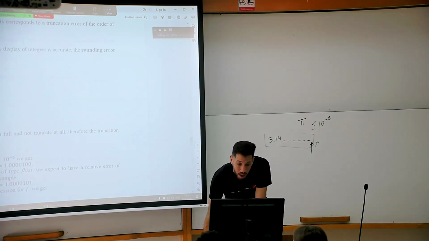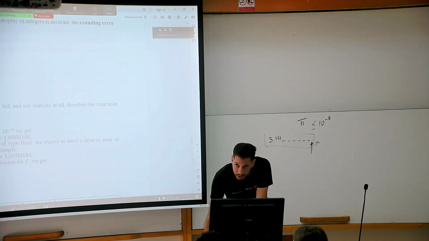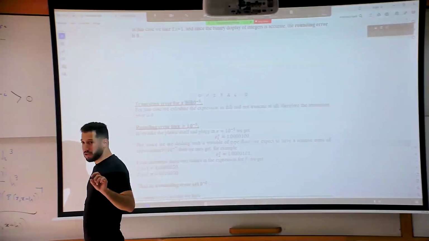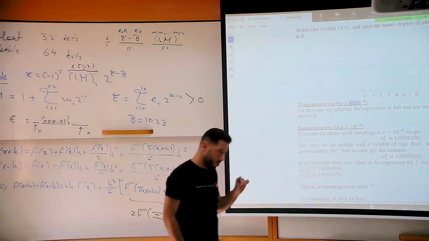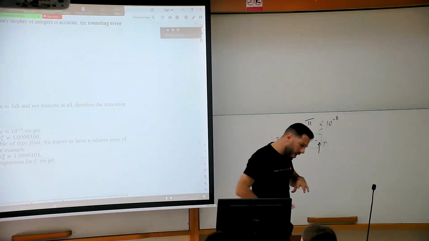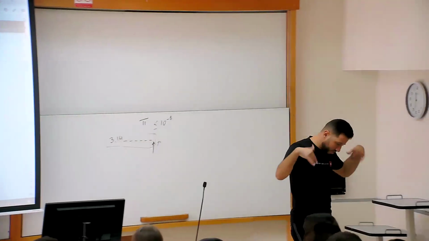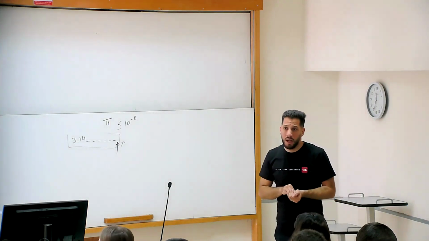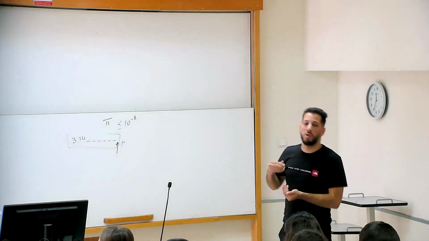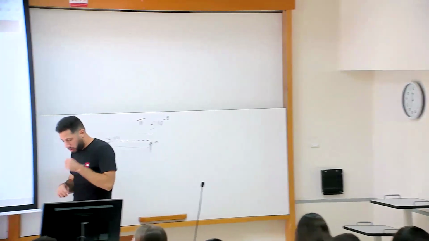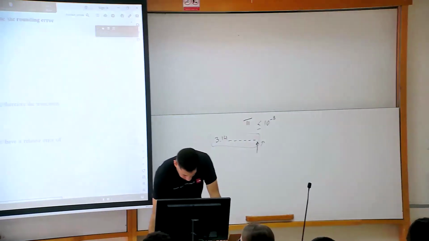And what happens when we look at x bigger than 10 to the minus 5? Here we'll see that the rounding error is larger than we thought, because we don't have a truncation error. Again, we assume that somehow the computer knows how to calculate this f of x, and now it wants to store it in that string of float or double float.